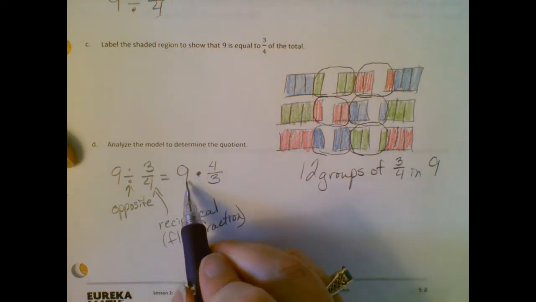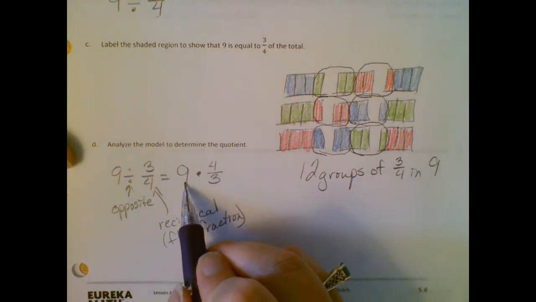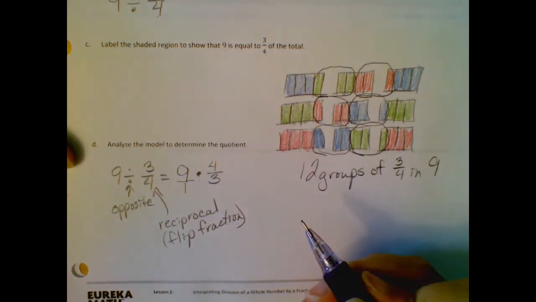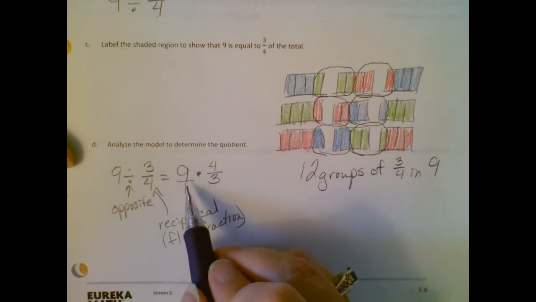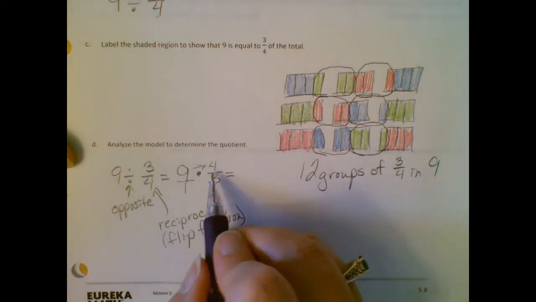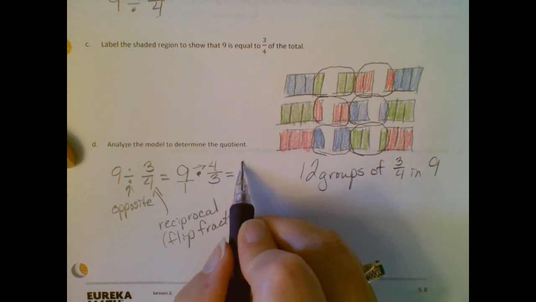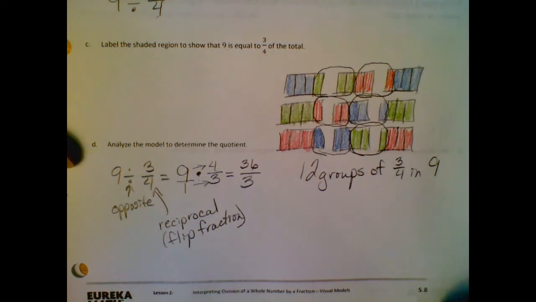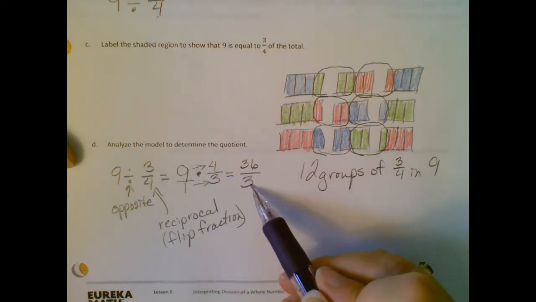First opposite, second opposite, and as we saw on the number line, the opposite of the opposite is the same thing. So now we know when I have 9 wholes, I can put 9/1, and I have 9 in my fraction. Multiply straight across, as we know, 9 times 4 is 36. 1 times 3 is 3. 36 thirds.